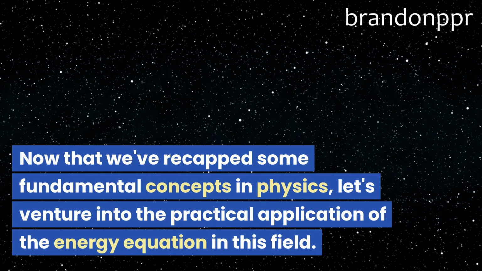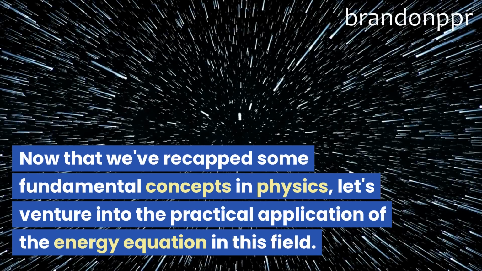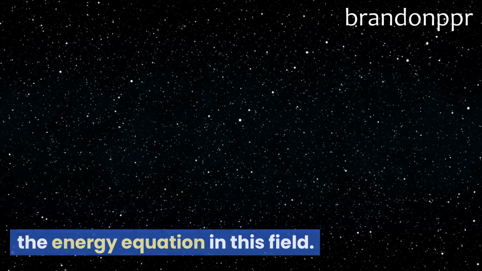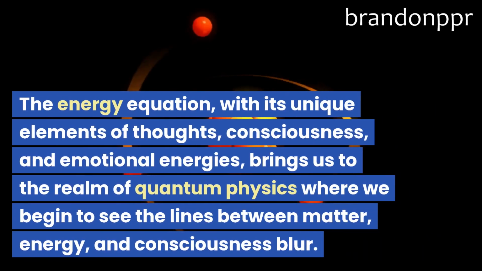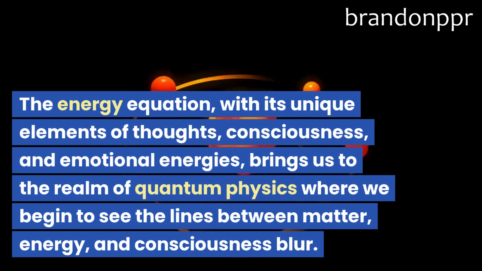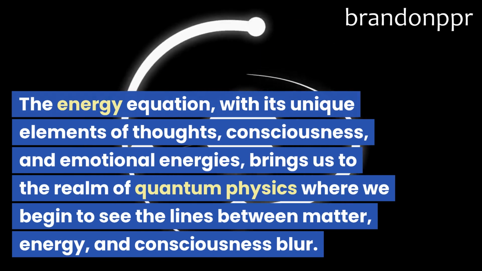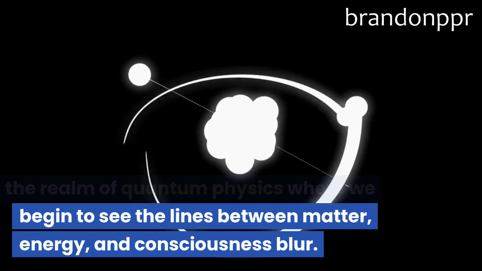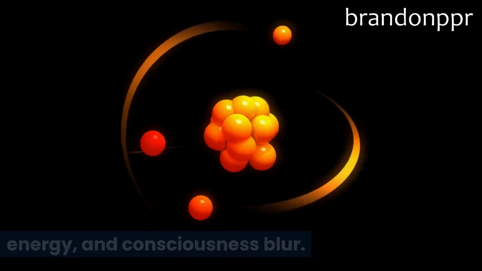Now that we've recapped some fundamental concepts in physics, let's venture into the practical application of the energy equation in this field. The energy equation, with its unique elements of thoughts, consciousness, and emotional energies, brings us to the realm of quantum physics, where we begin to see the lines between matter, energy, and consciousness blur.